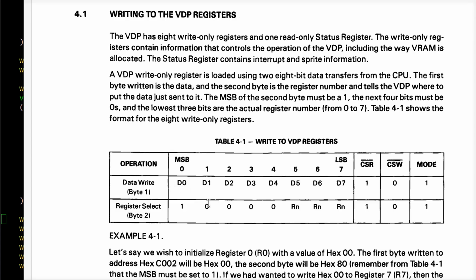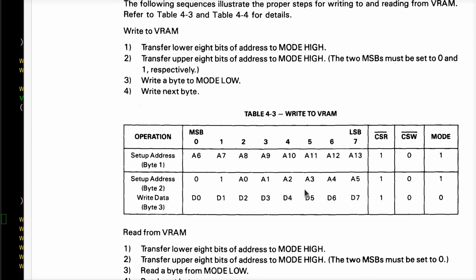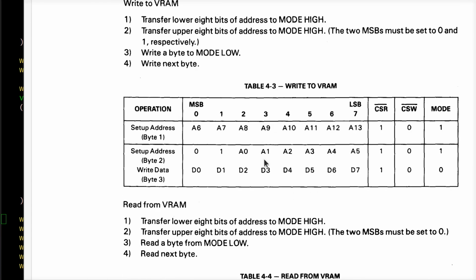There you do the data first, then the address. Now, with this one, you do the address first, because what you're going to do is establish the first address. As you can see, the lower 8, the upper 8, and so on. And then you're going to say, read a byte with your mode 0, okay?